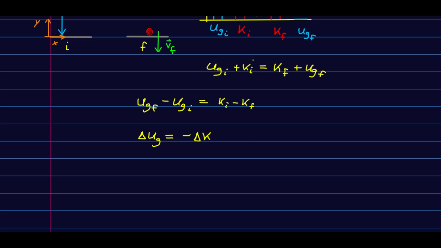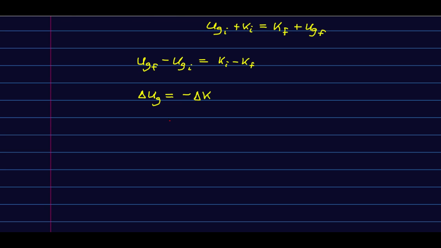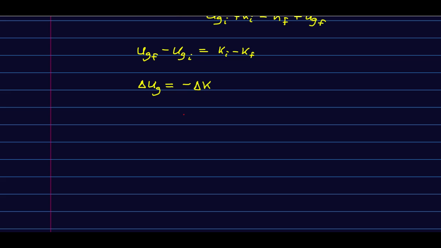And now we think that our work done should equal the change, the amount of energy transformed. Now, there's a bit of an issue here about whether we should set it equal to delta UG or delta K. But the only difference is going to be a negative sign.